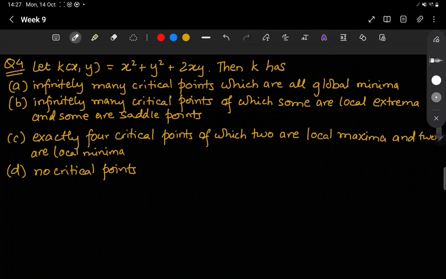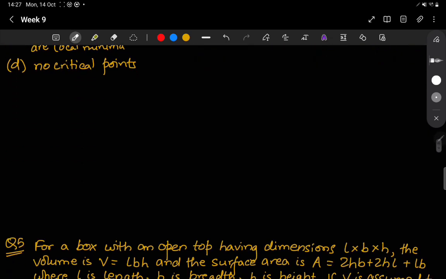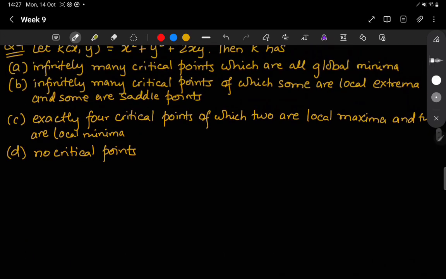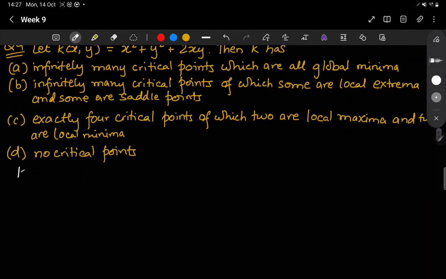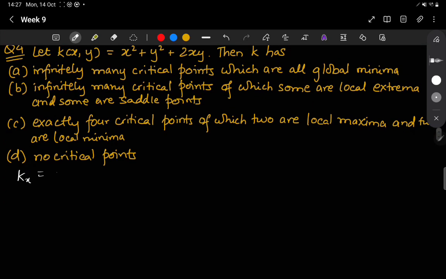Okay, so now we will discuss the answer. So k_x is the first derivative we need to find out first.